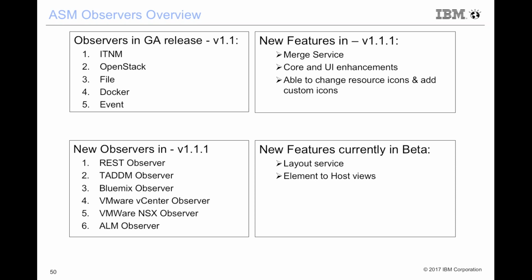We're not going to talk much about ALM in this presentation either, but the Agile Lifecycle Manager can be used to spin up web services and scale them out, etc. So we also have an observer that is able to look at what ALM has intended to spin up, and then it ties that together with what ASM has actually seen via OpenStack or Docker observers as actually running.